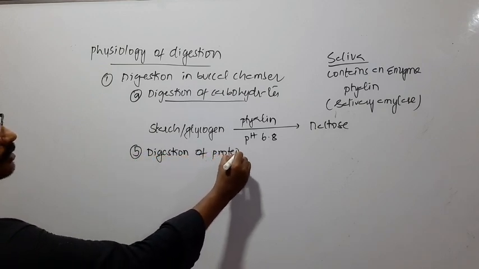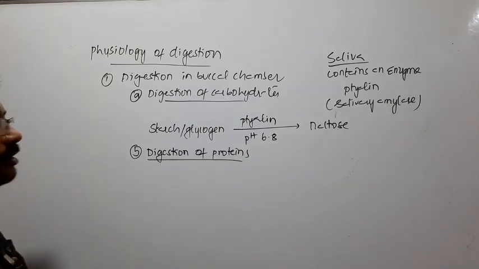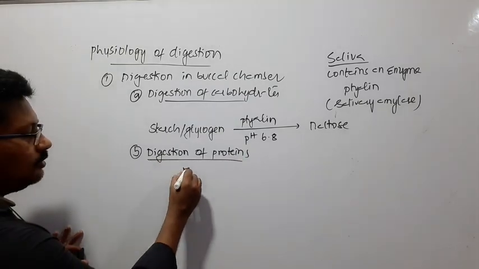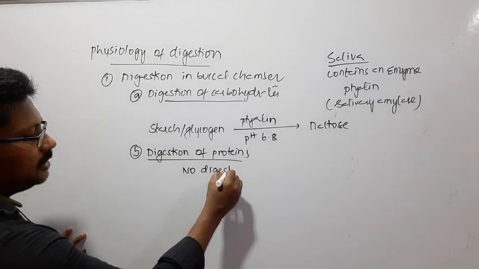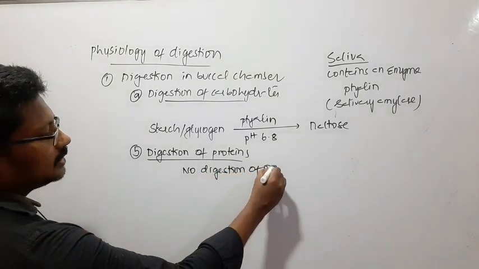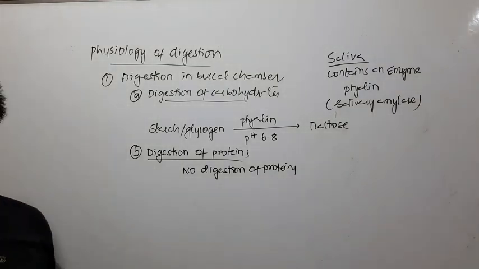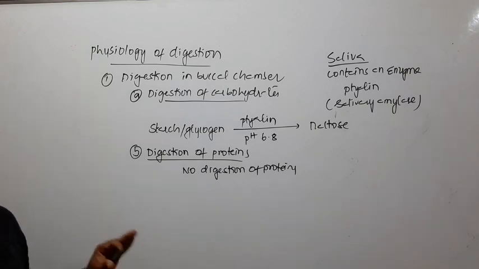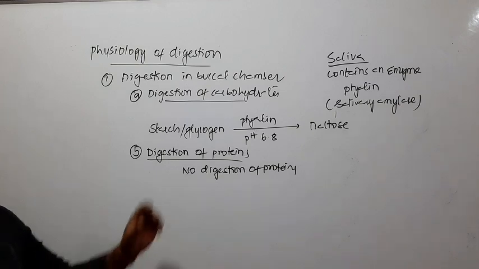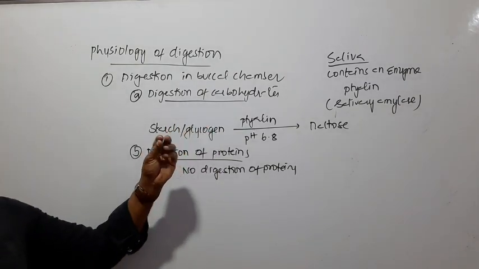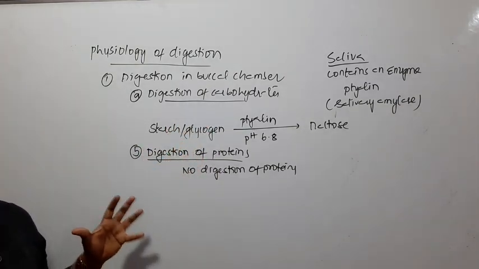Here the proteins are not at all digested. So no digestion of proteins occurs in the buccal chamber because there are no enzymes in the saliva that can digest proteins. It has only the enzyme that can act on carbohydrate substances. Because of that, the carbohydrates undergo digestion to some extent, though the digestion is not complete.